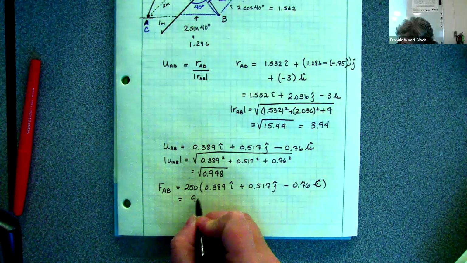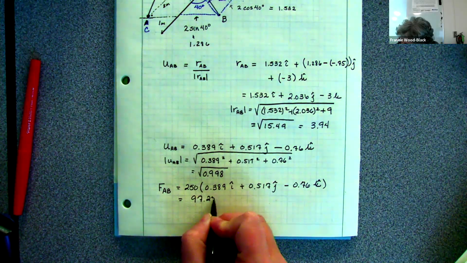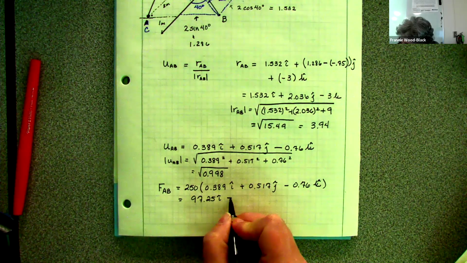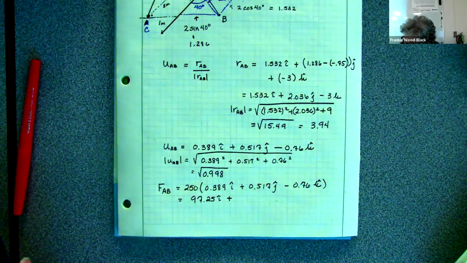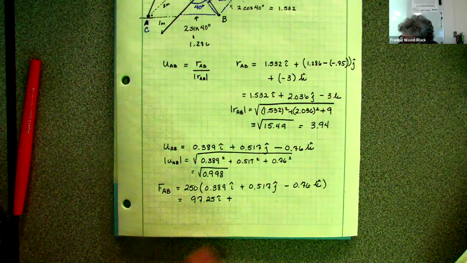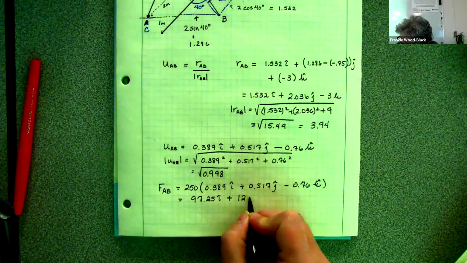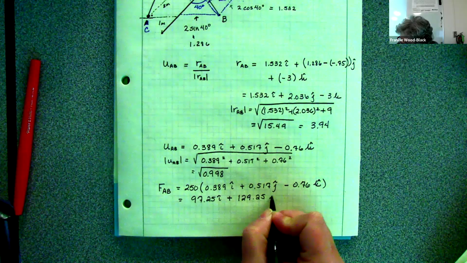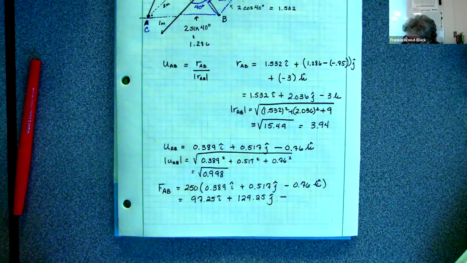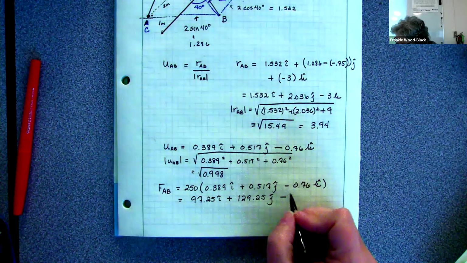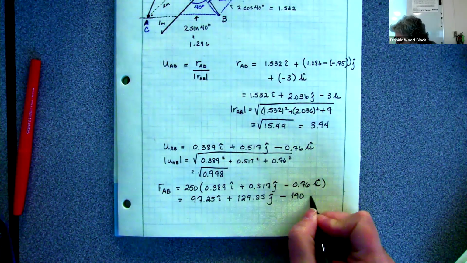Gives me 97.25 in the I. 129.25 in the J. And 190 in the K.